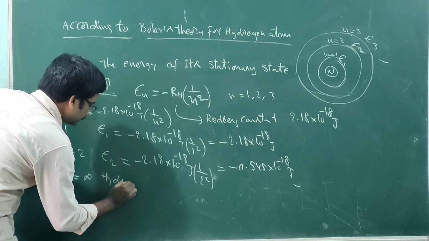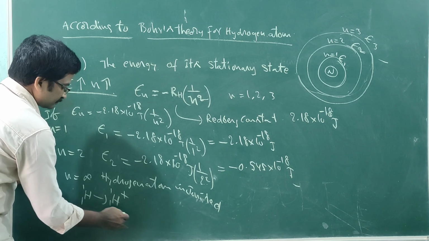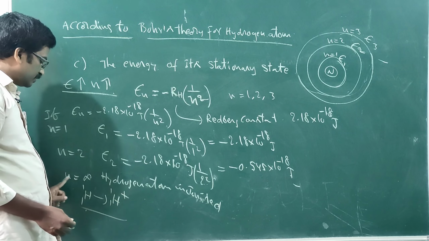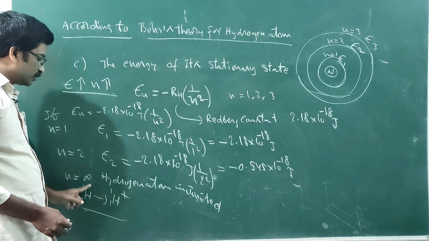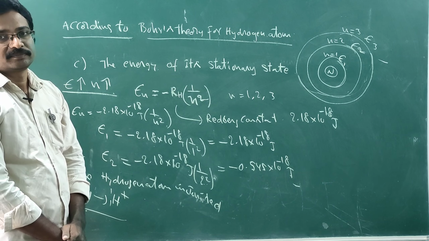The hydrogen atom has one electron. If you remove that one electron, you get the ionized hydrogen. At n equal to infinity, the hydrogen atom is ionized.